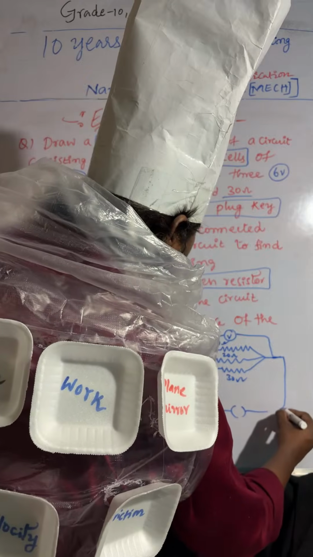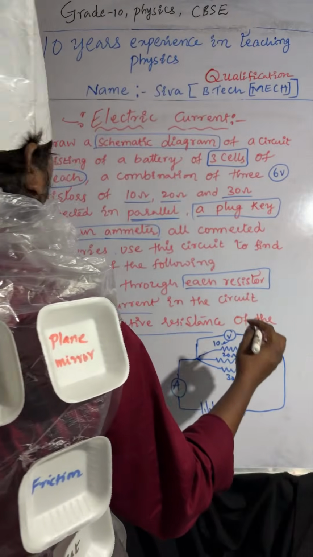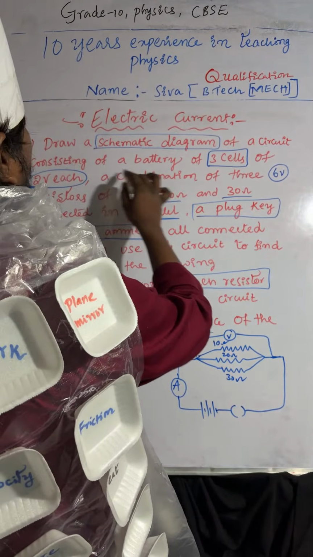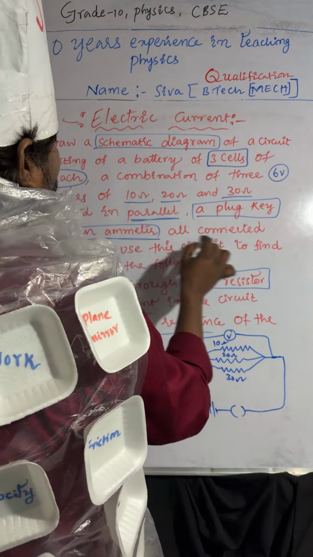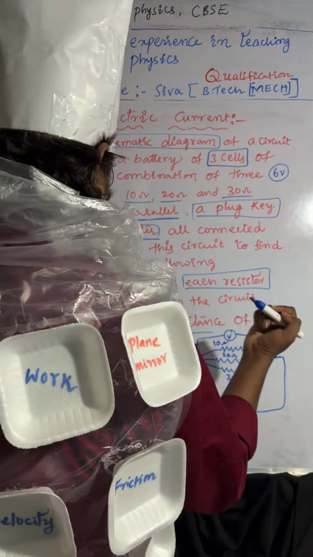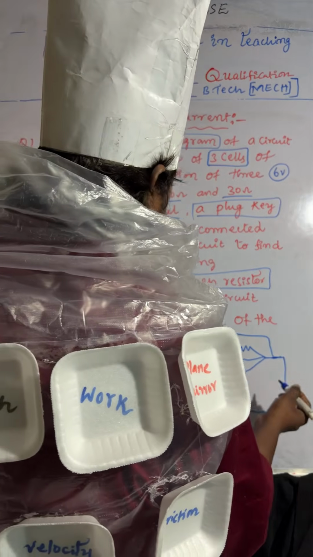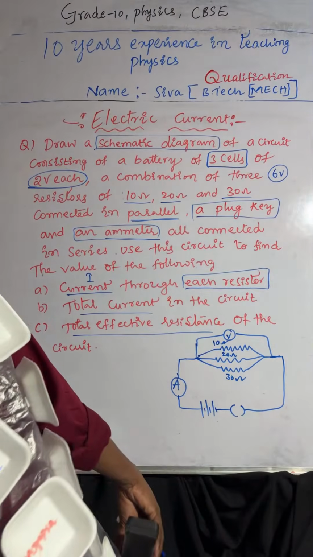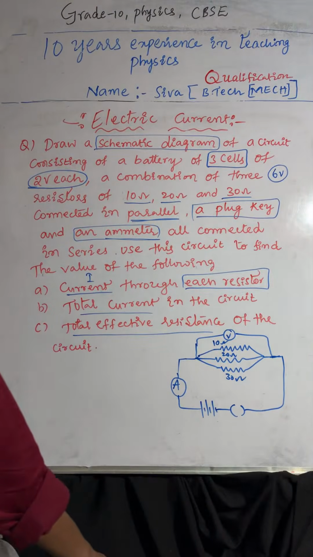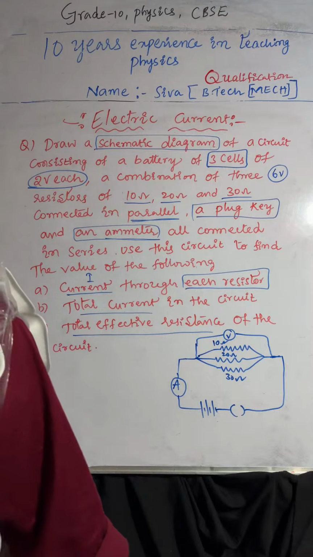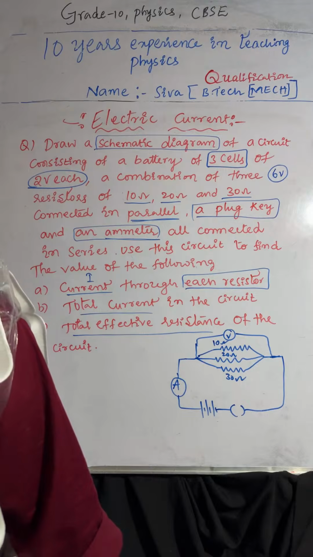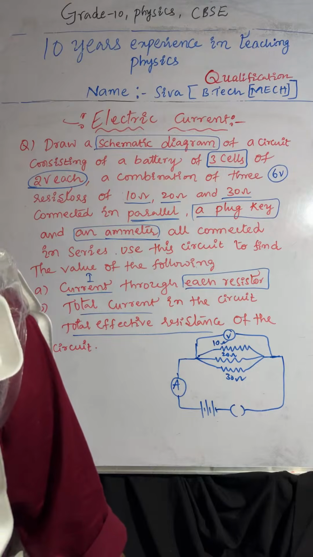So the schematic has a battery of 3 cells, a plug key and a connected ammeter. Okay, so this is the circuit diagram. They didn't mention a voltmeter. The resistors are connected in parallel and the meter is connected in series.